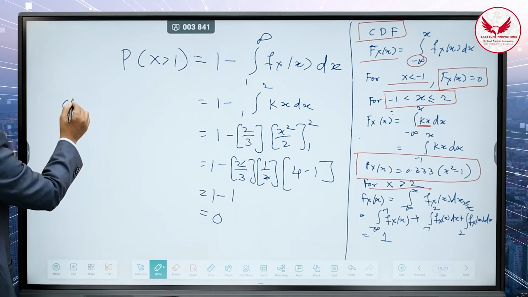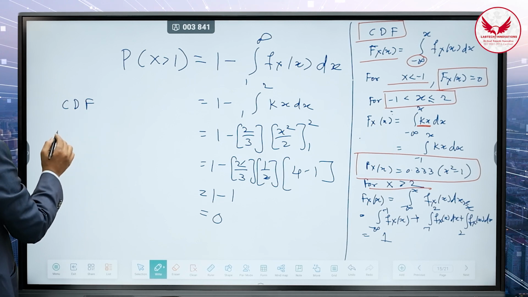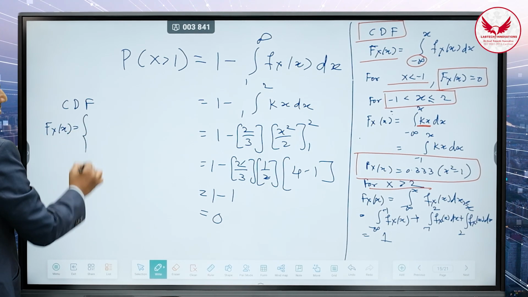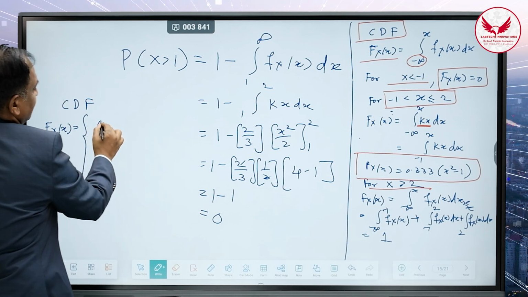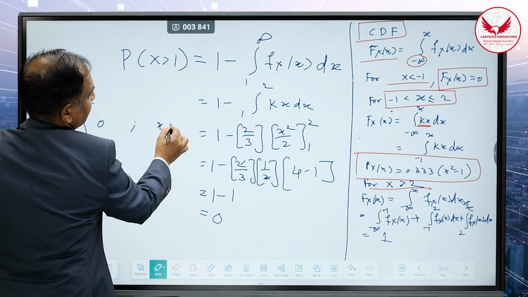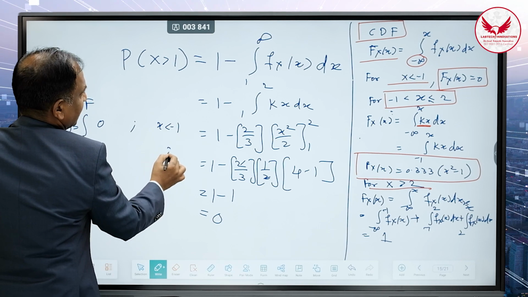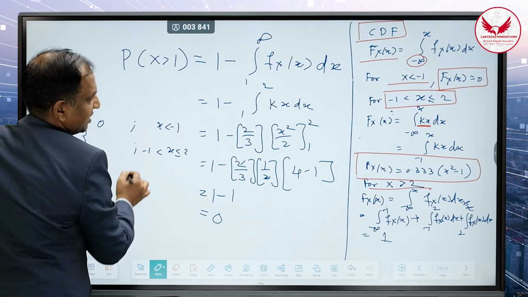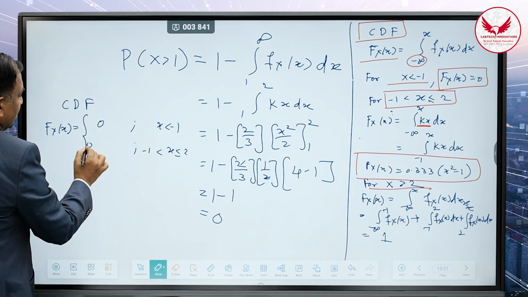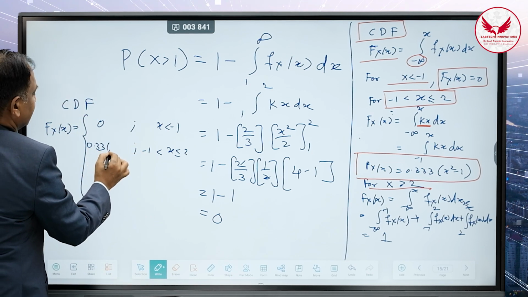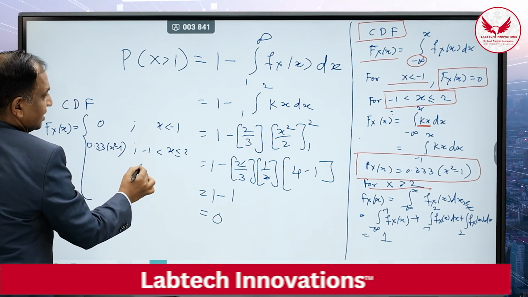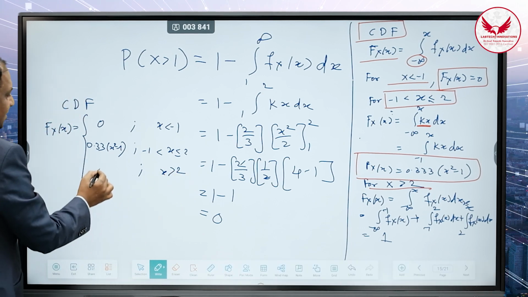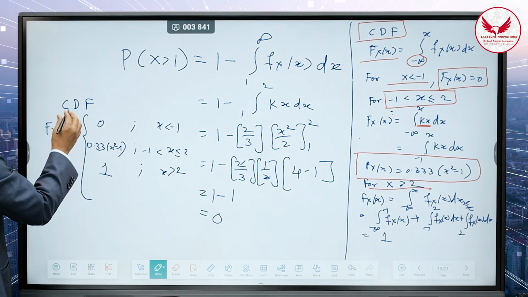Accordingly you can write the CDF: Fx(x) is equal to 0 for x less than -1, for x greater than -1 and less than or equal to 2 its value is 0.33 (x square minus 1), and for x greater than 2 its value is equal to 1.